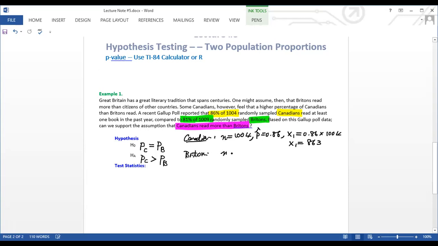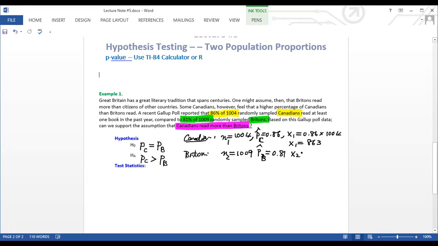Then the Britons. N is equal to 1009, and P2 hat, matching the notation, is 0.81. So this is N1, this is N2.